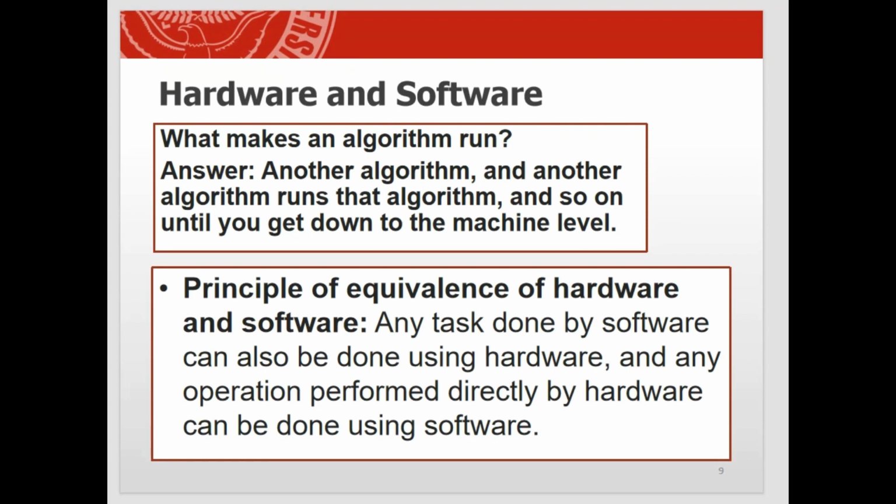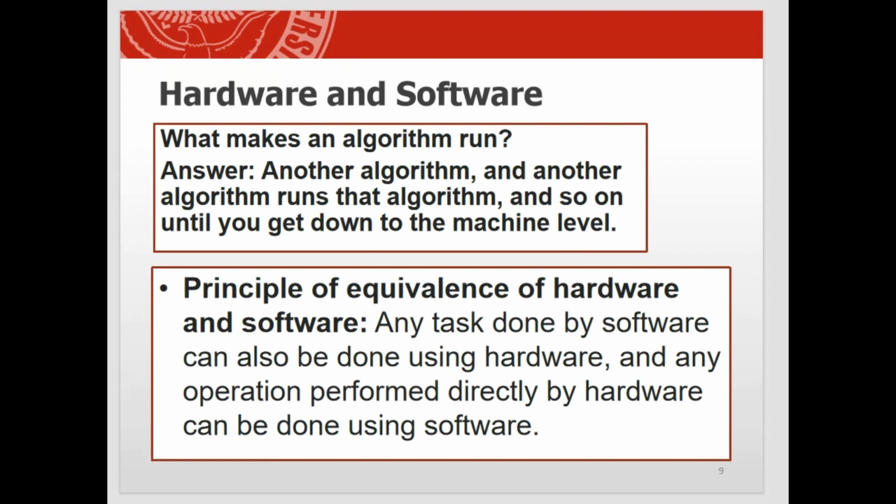So, yun yung conclusion natin. Again, conclusion natin sa answer ng what makes an algorithm run is that modern computers are actually implementations of algorithms that execute other algorithms. So, yung chain na yan, algorithms of algorithm, leads to this principle, which is the principle of equivalence of hardware and software, which states that any task done by software can also be done using hardware, and any operation performed directly by hardware can be done using software.